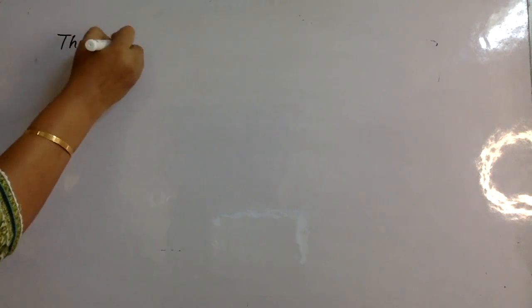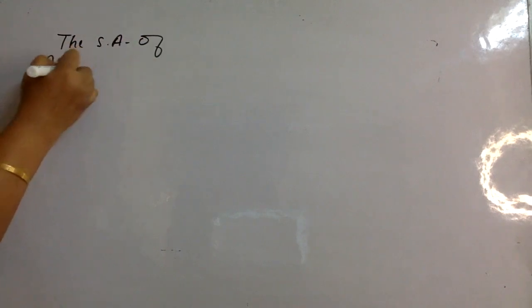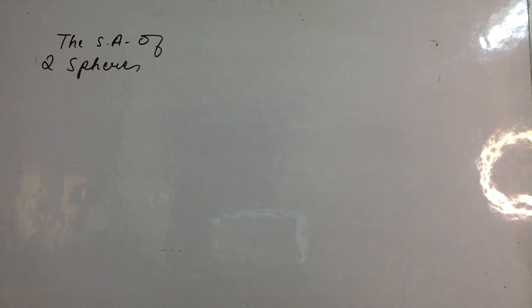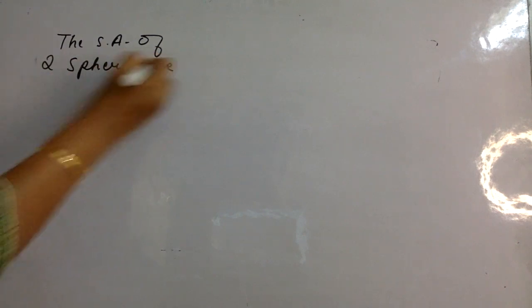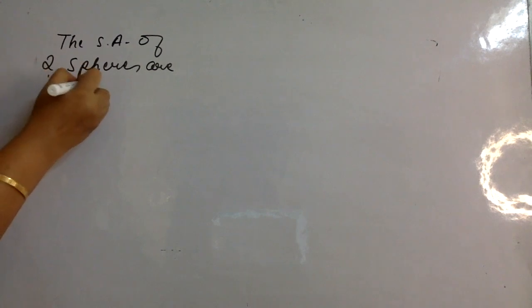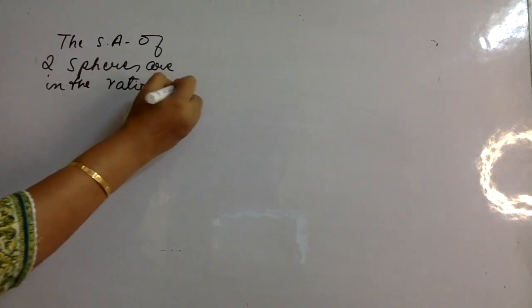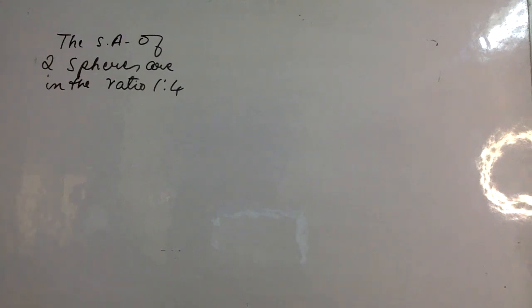The surface areas of two spheres are in the ratio 1:4. Find the ratio of their volumes.